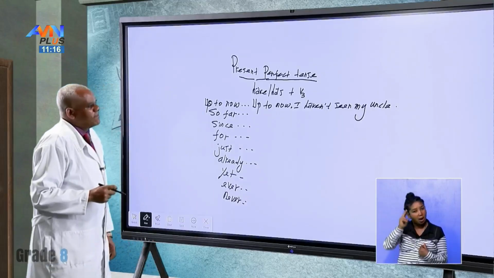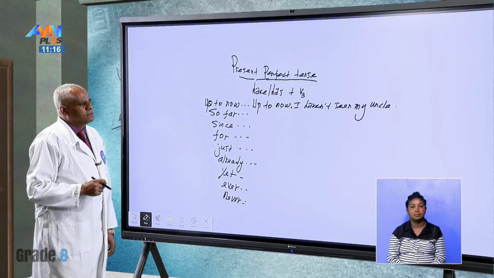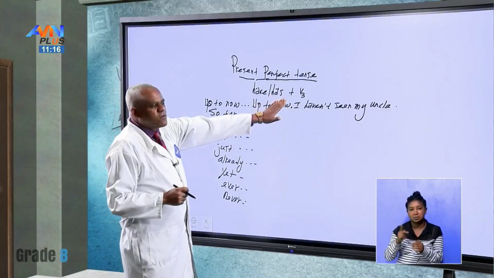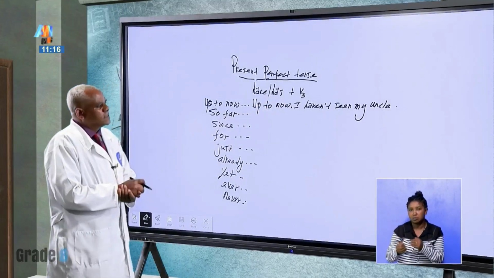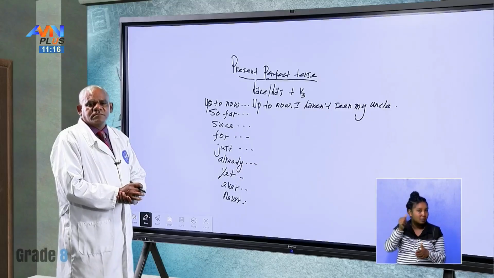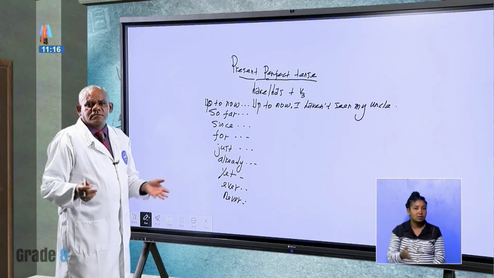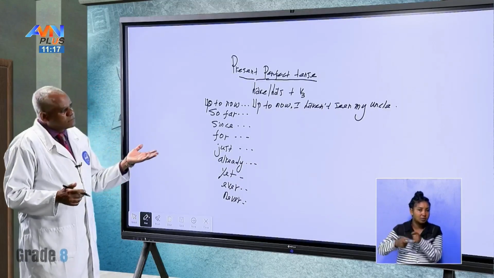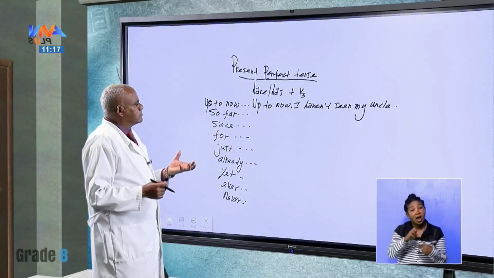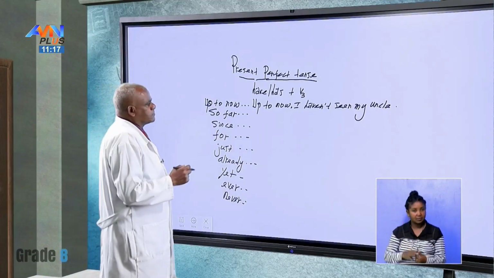Up to now, I haven't seen my uncle. You are welcome to change it into simple past tense from the present perfect tense form. For instance, I saw my uncle yesterday, or the previous time, in the previous week, last year, last month, possible. Up to now, I haven't seen my uncle. Good.